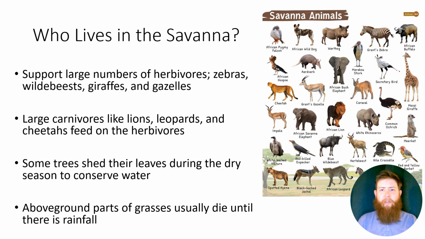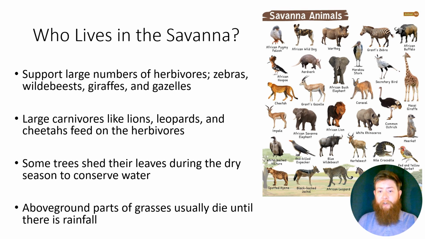So this large amount of grasses is able to support herbivores such as zebras, wildebeest, giraffes, gazelles, rhinoceroses, buffalo, all these good things. And then carnivores like cheetahs and lions and leopards will feed on these herbivores, all this food.